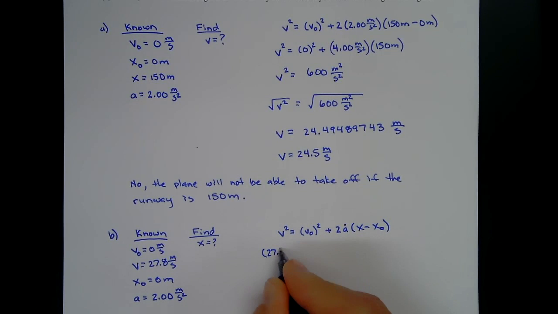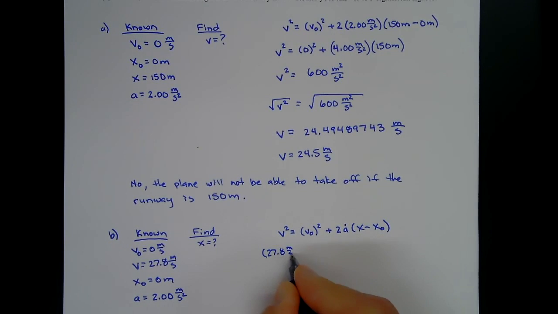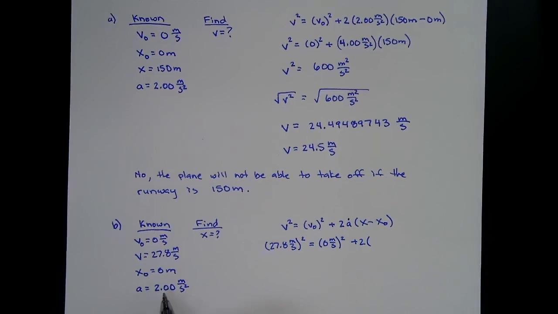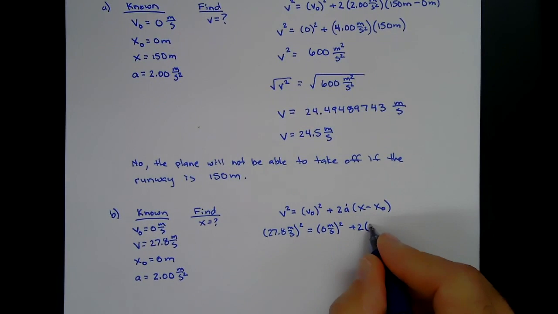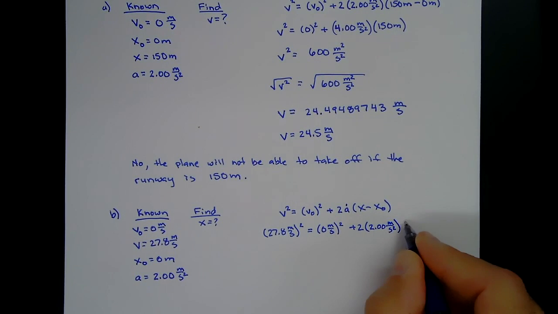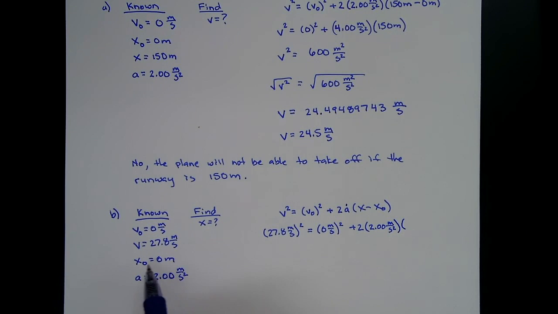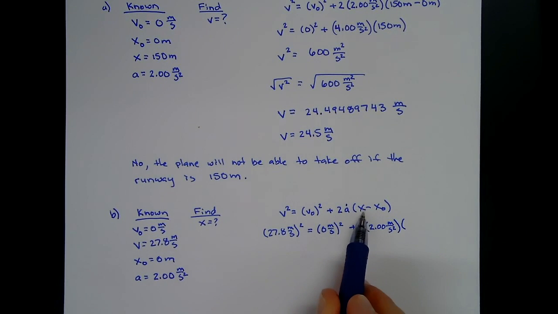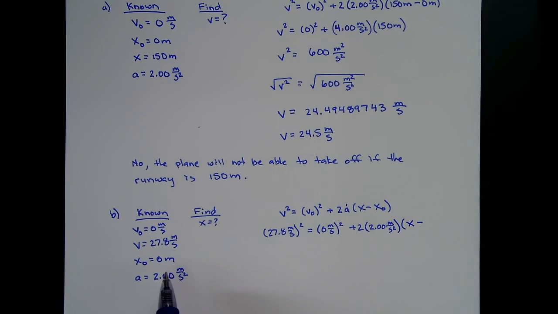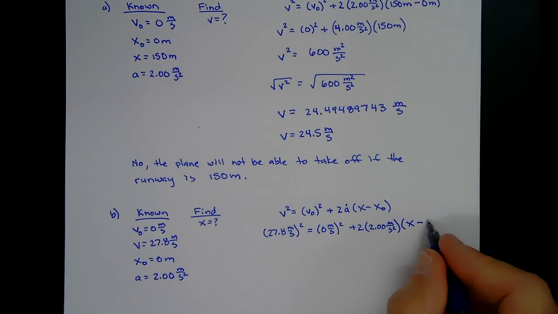So 27.8 meters per second squared is equal to 0 meters per second squared plus 2 times my acceleration, which is 2.00 meters per second squared, times my final position. Well, that's actually what I'm trying to solve for, right? So this is going to be x minus x sub o. Well, that's going to be 0 meters, right?